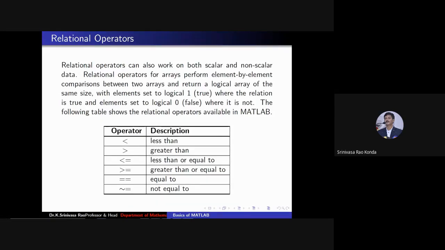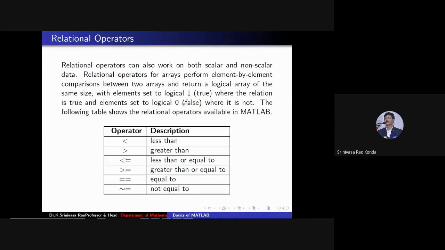Relational operators for arrays perform element by element comparison between two arrays and return a logical array of the same size, with elements set to logical 1 when the relation is true and elements set to logical 0 where it is not. If the relation is true, then it gives 1, otherwise it gives 0.